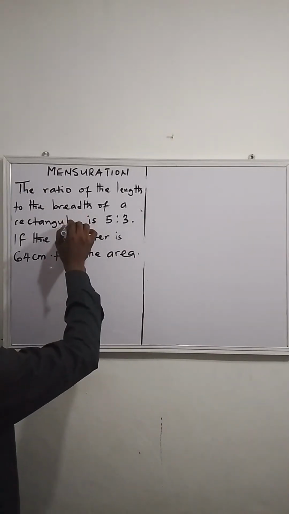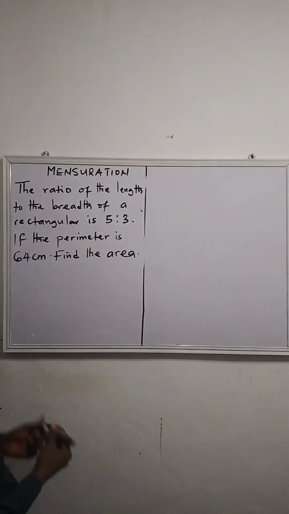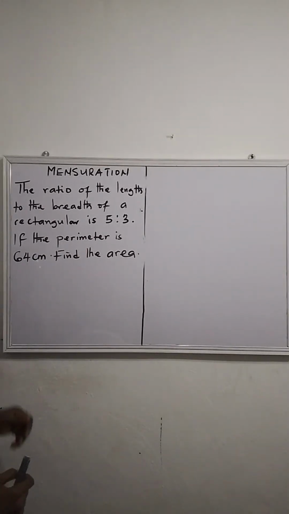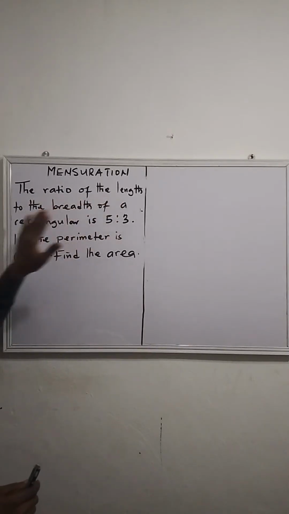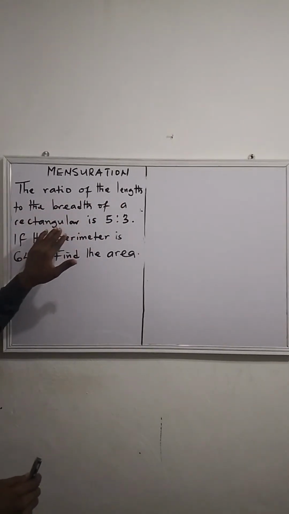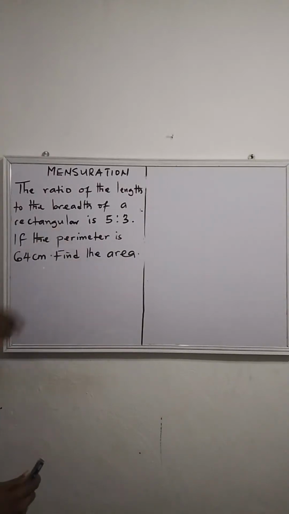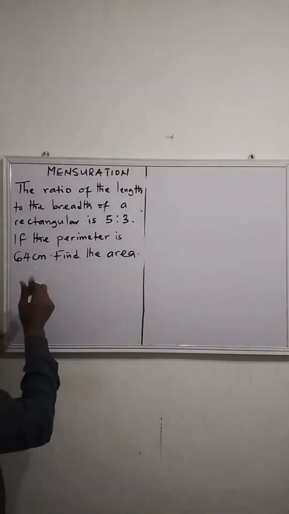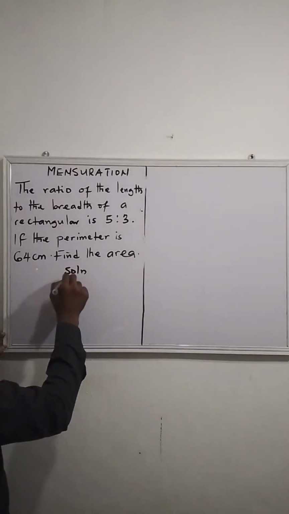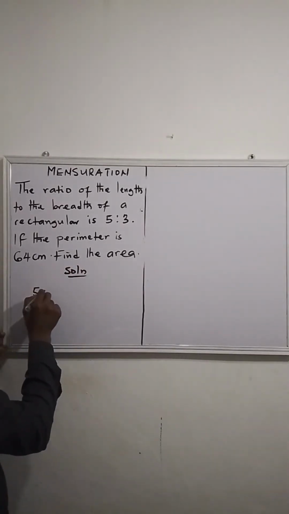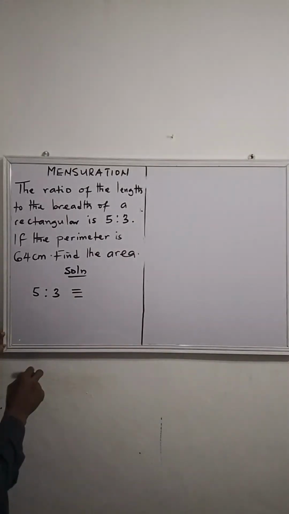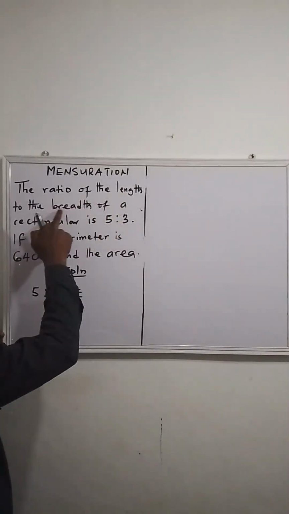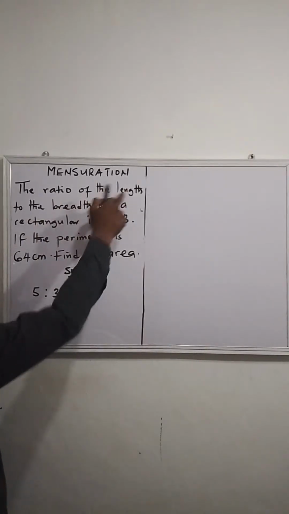Okay, let's see, this is rectangular. Here we have been given the ratio of the length to the breadth of a rectangular shape. So now we have 5:3 to be equivalent to length to breadth.